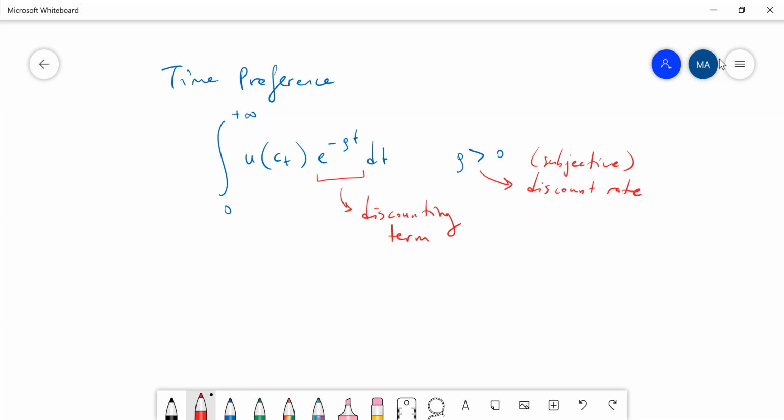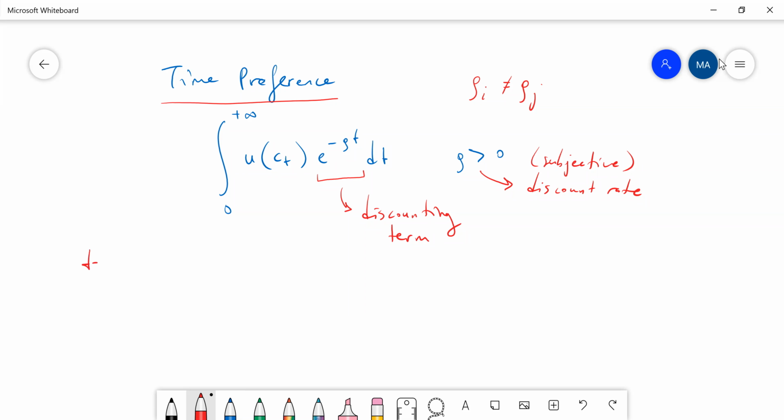So you may imagine two different people that have different levels of time preferences, different levels of discount rate. Okay. Now, what does this discount rate do? Think about it. Rho is some positive number, right?